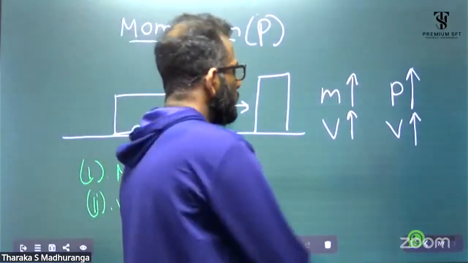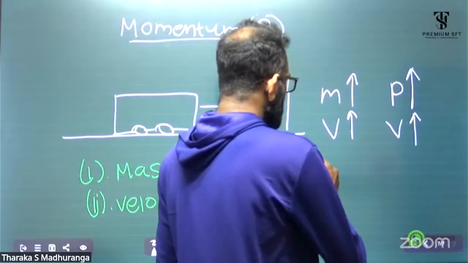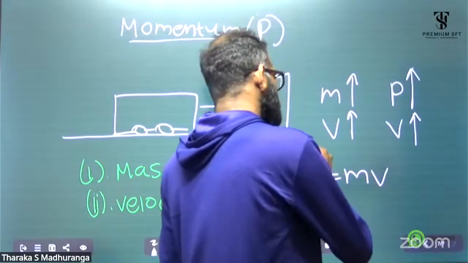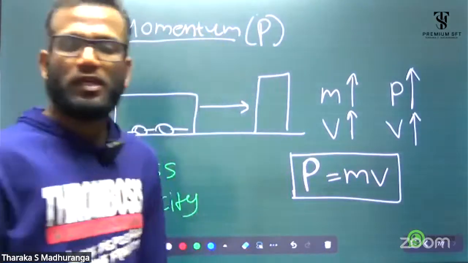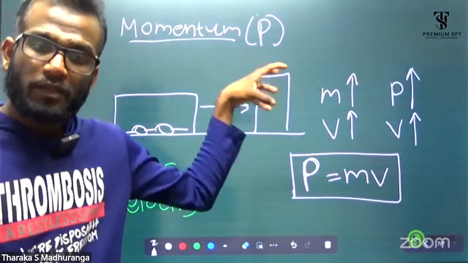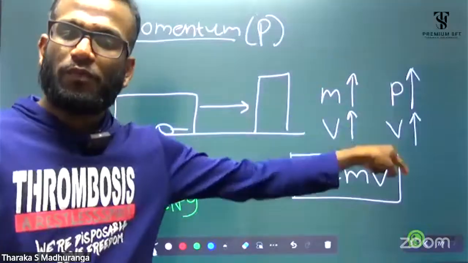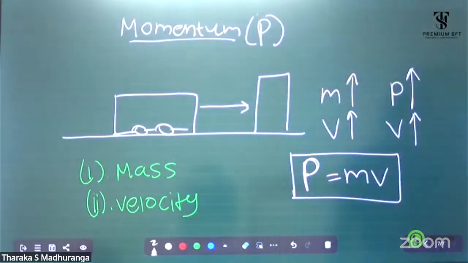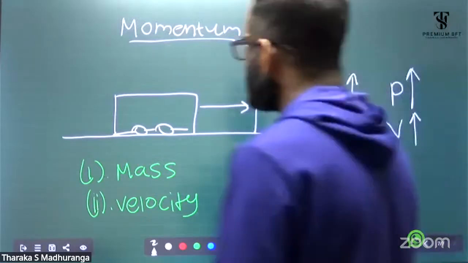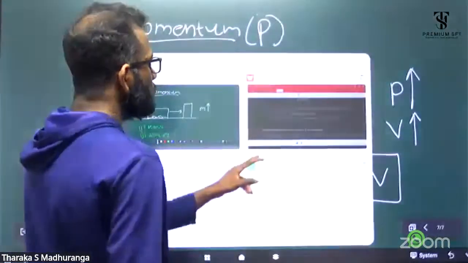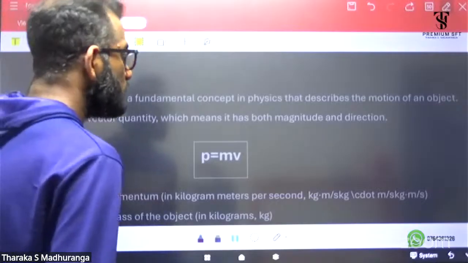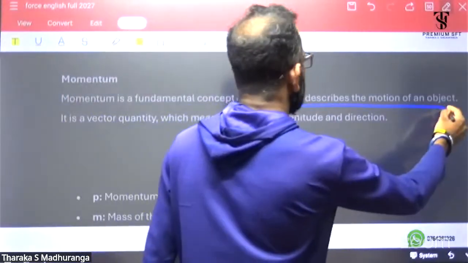Okay, therefore we can get a relationship for momentum P: P equals mv. P equals mv means the momentum equals mass into velocity. Momentum is a fundamental concept in physics that describes the motion of an object.